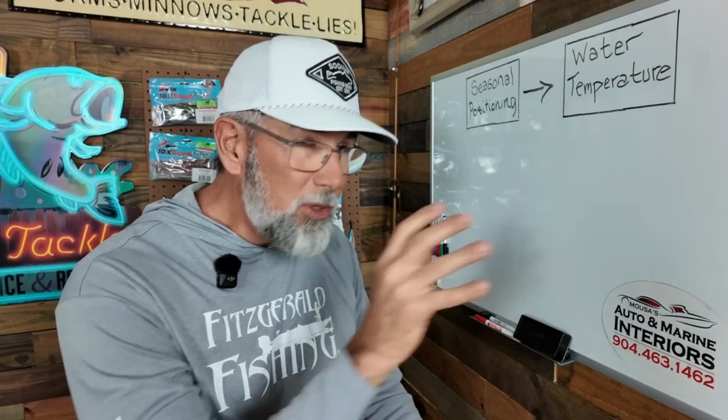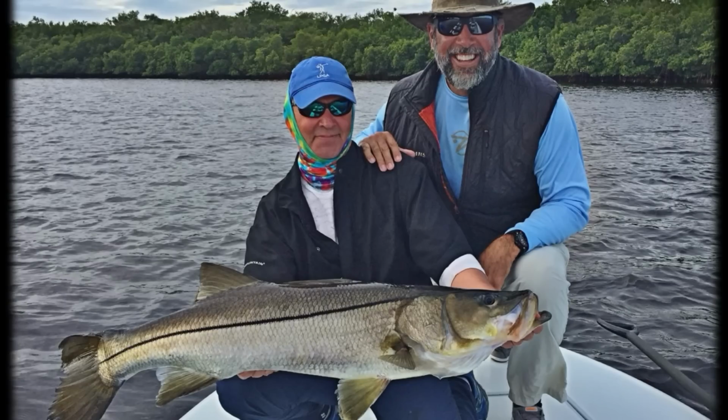So those fish that we're going to say are in the back in those winter zones, those snook, well, they're going to get up on the shallowest banks and get in there where they can warm up on those lee shorelines when it's cold outside so that they can suck up all that heat, because water temperature is important to them.